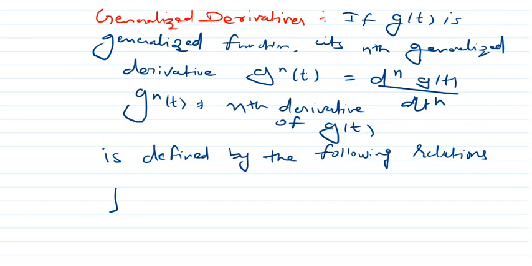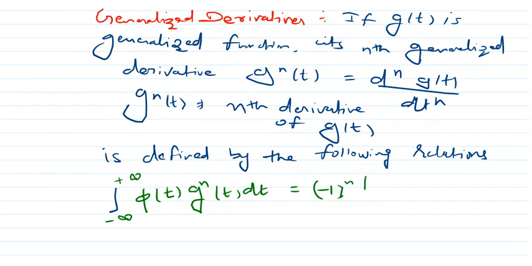The integral from minus infinity to plus infinity of phi(t) g^n(t) dt equals minus 1 raised to the power n times the integral from minus infinity to plus infinity of phi^n(t) g(t) dt.